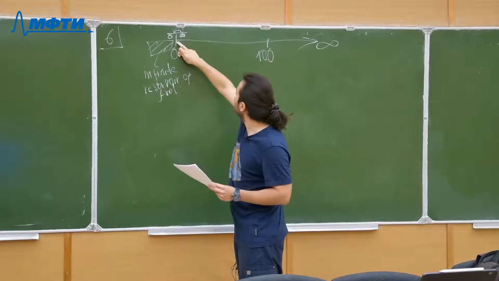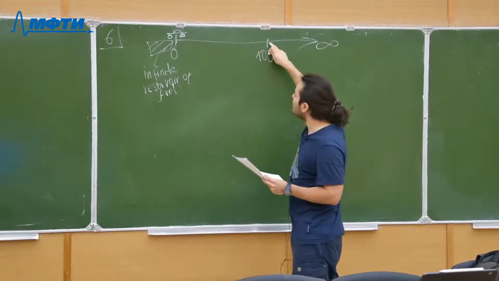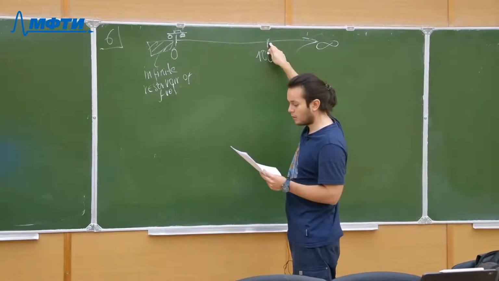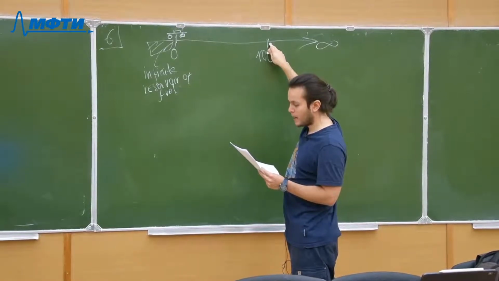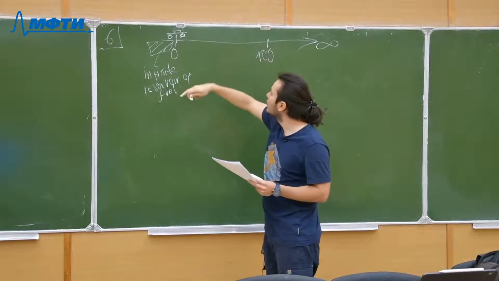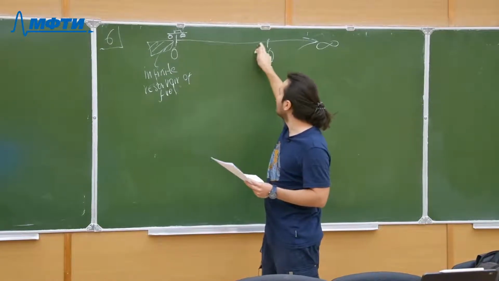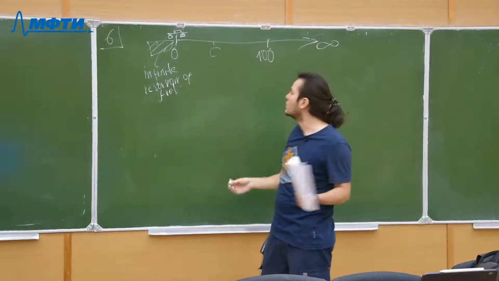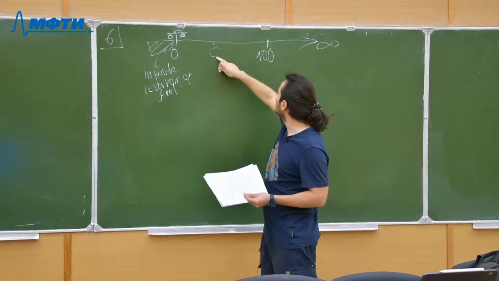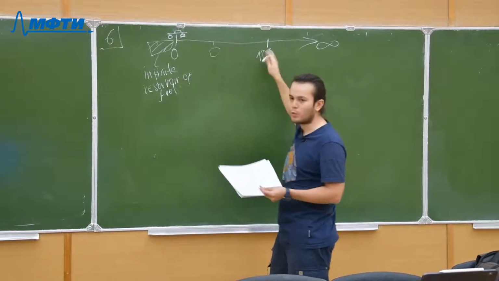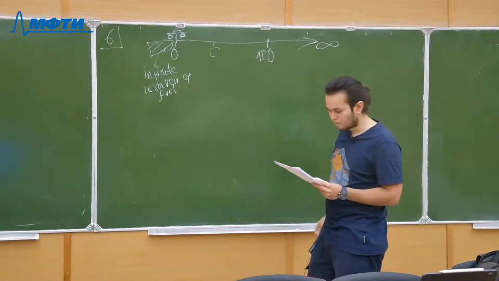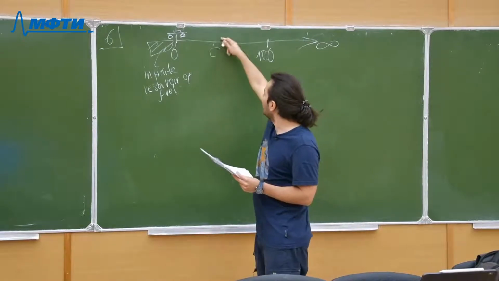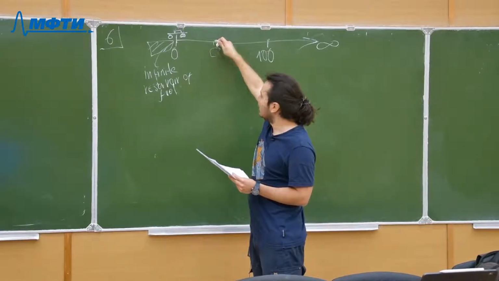The car can move 100 miles without refueling, the tank, right? And we can put some fuel on the way, in any place we want, and then we can take this fuel from there.